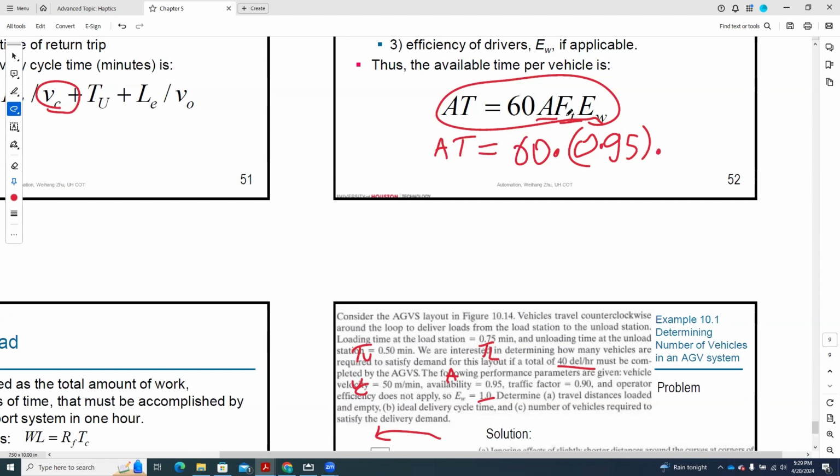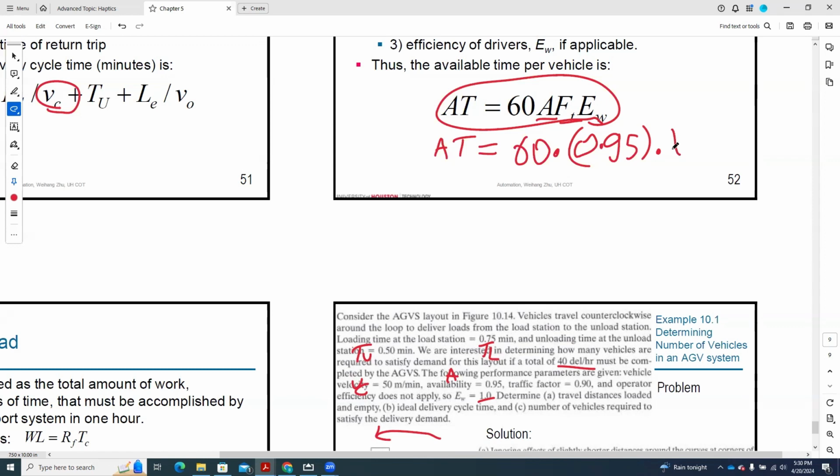And FT is the traffic factor. There will be many vehicles, not just one, and maybe traffic congestion, where all the vehicles are moving between the stations and sometimes one has to wait. You have seen this with the food delivery robots on our campus. If they see an object or another vehicle, one has to wait until the clearance. So that is the traffic factor, and EW is the efficiency.